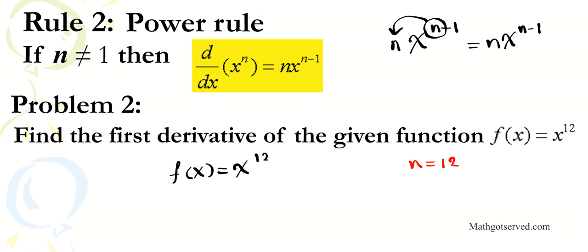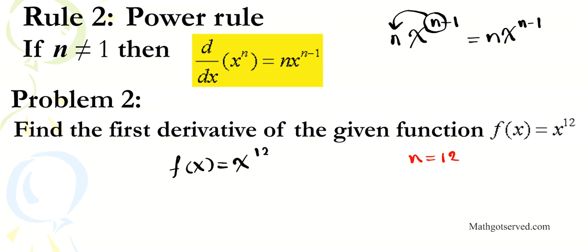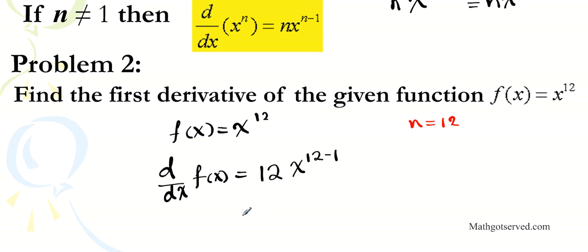So using the rule, the derivative d dx of the function f of x is going to be, you see this 12 right here, we can bring it to the front, 12 times, and we subtract 1 from the power, 12 minus 1. So n corresponds to the 12 at the front, and then n minus 1 is 12 minus 1. Let's go ahead and simplify that one step, and it will be done.